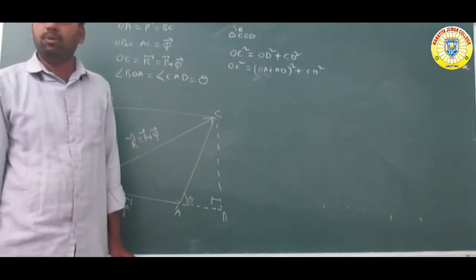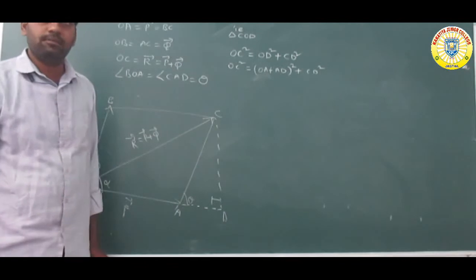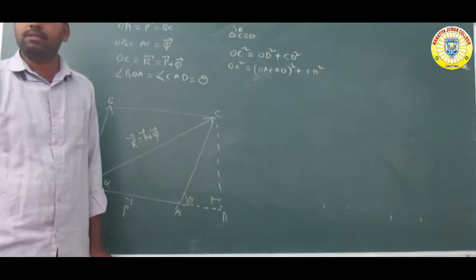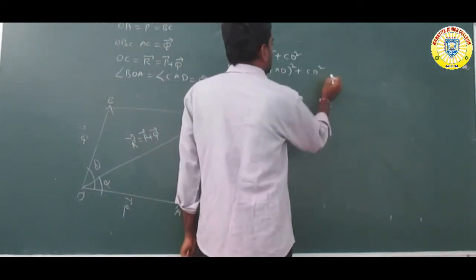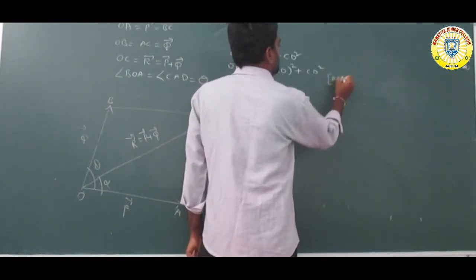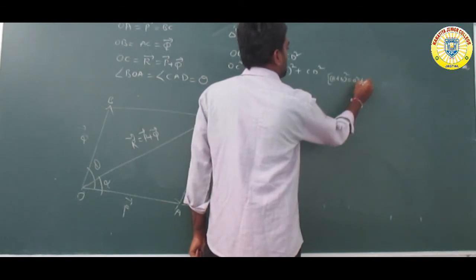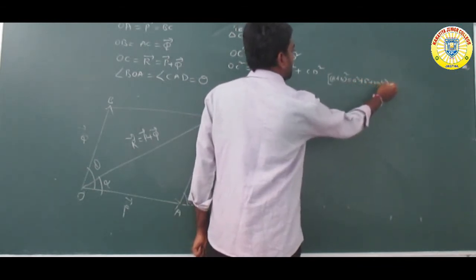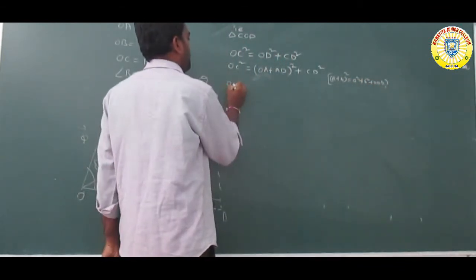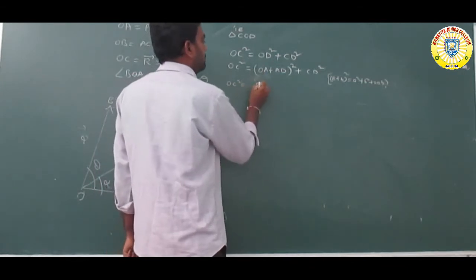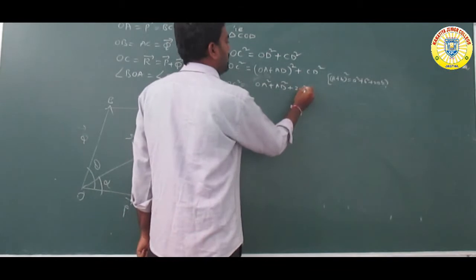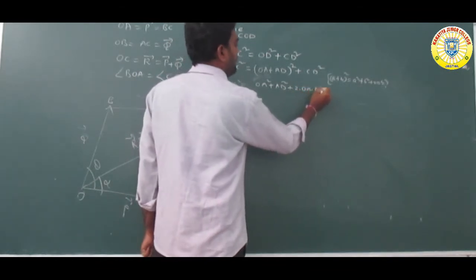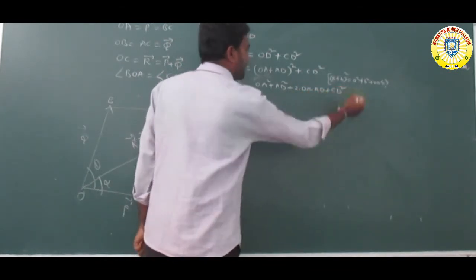A plus B whole square is A square plus B square plus 2AB. Applying the equation, OA square plus AD square plus 2 into OA into AD plus CD square.